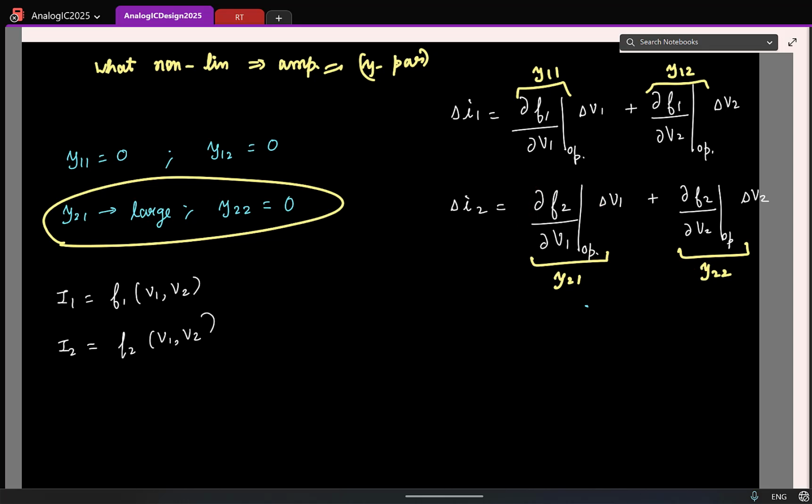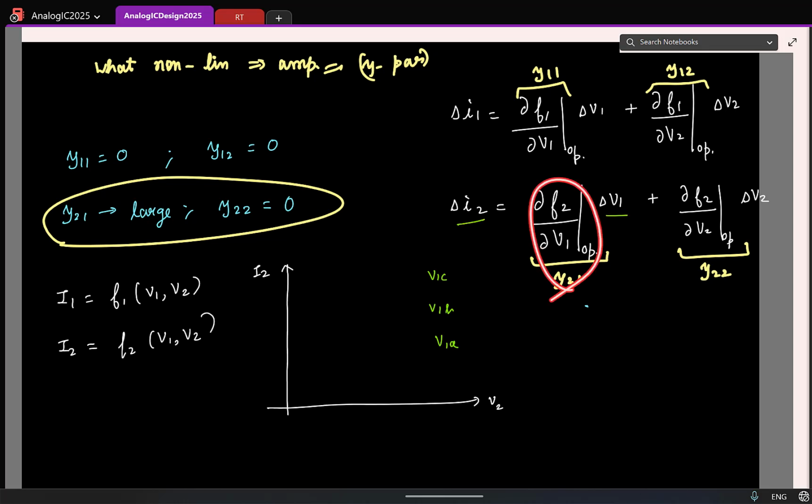So let me make some space here. If I try to sketch I2 versus V2 for different values of V1, the relation between I2 and V2 is given by Y22.